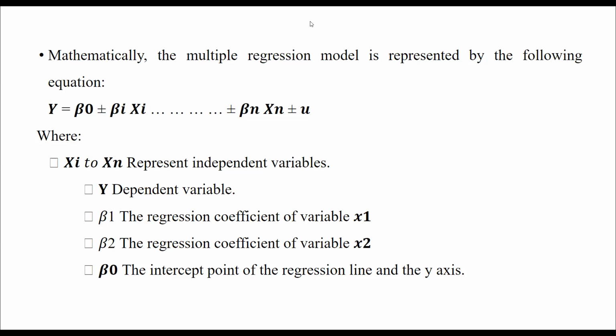In most cases, we denote it in this particular way: beta naught plus beta i into xi, up to the last variable. So this is the multiple linear regression model expressed as a mathematical equation.